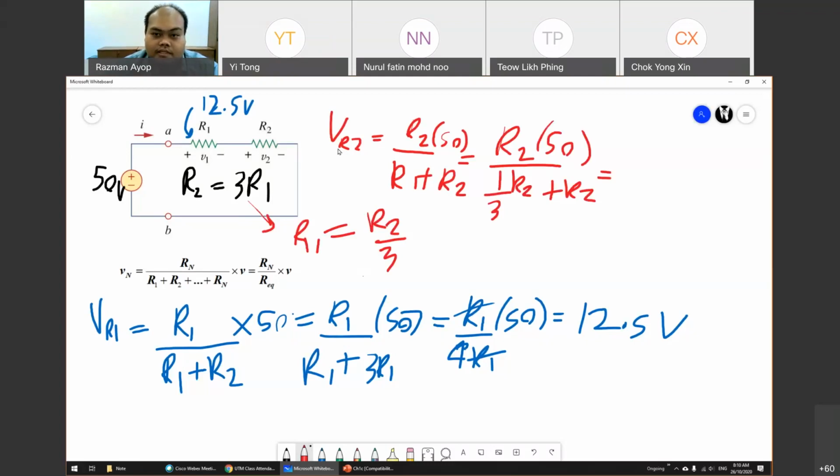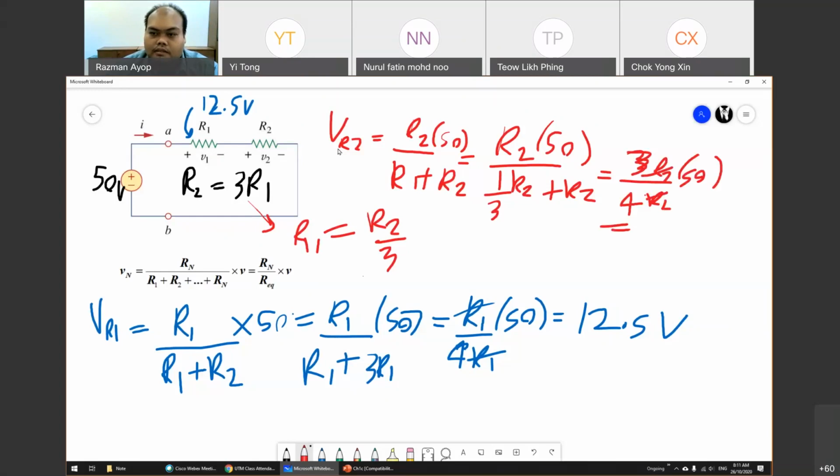You solve this by making the denominators the same: the denominator becomes 4 R2 over 3. You can cancel R2, and don't forget the 50.